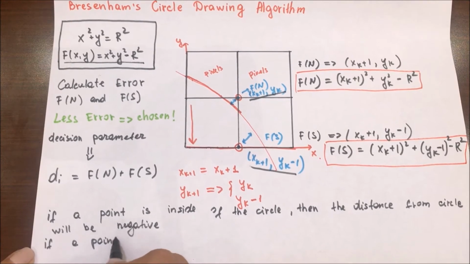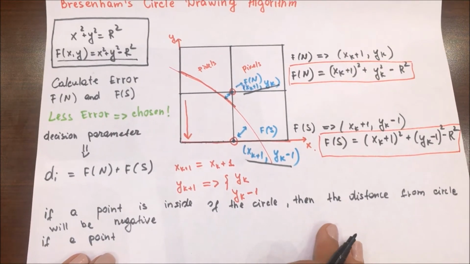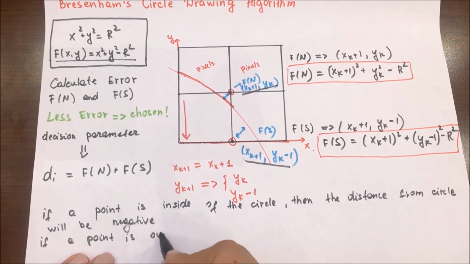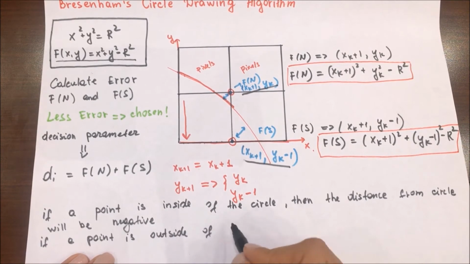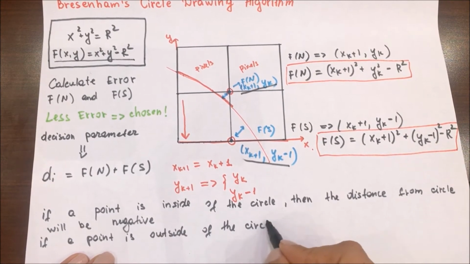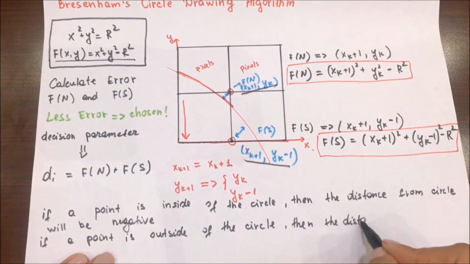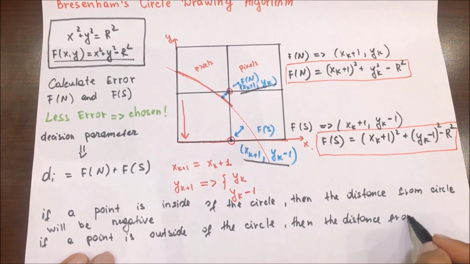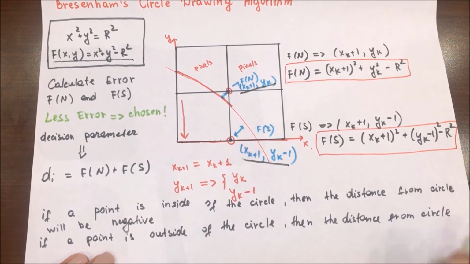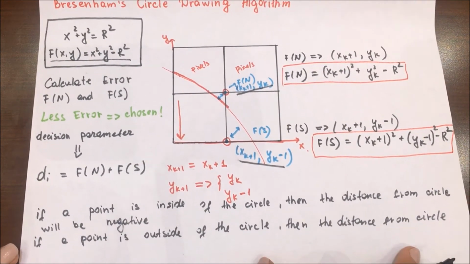The second condition, if a point is outside of the circle, then the distance from the circle will be positive.